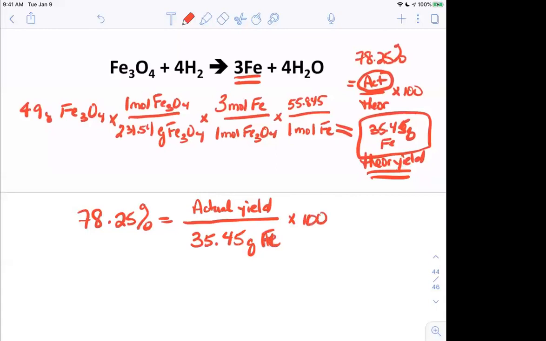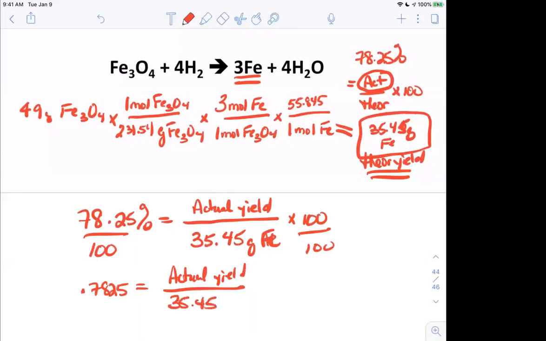So now I'm just going to solve for actual yield. Divide by 100, I get 0.7825 is equal to the actual yield over 35.45.